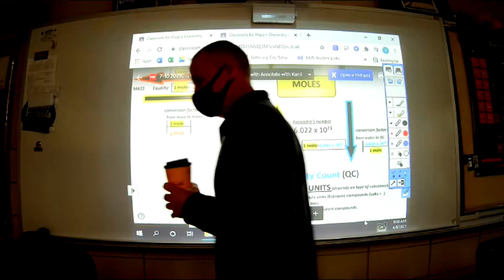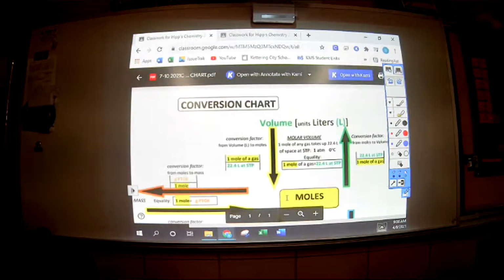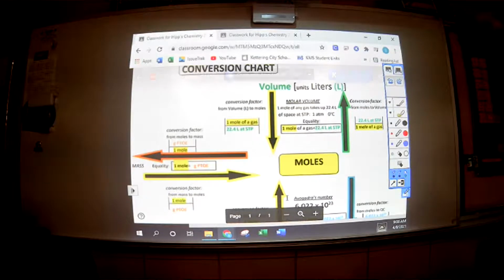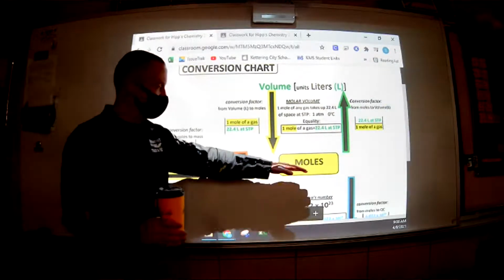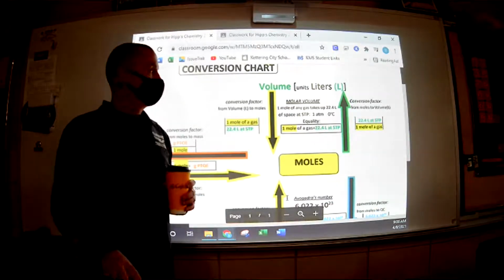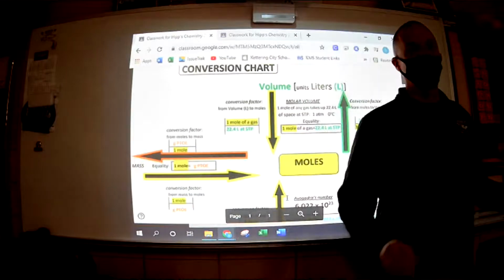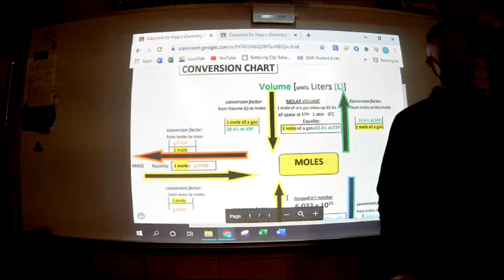Yesterday, Wednesday, we learned to go another direction. We learned to go from moles up to volume, or from volume to moles, for substances that are in what state of matter?